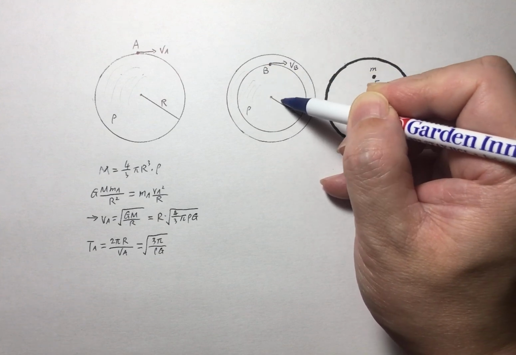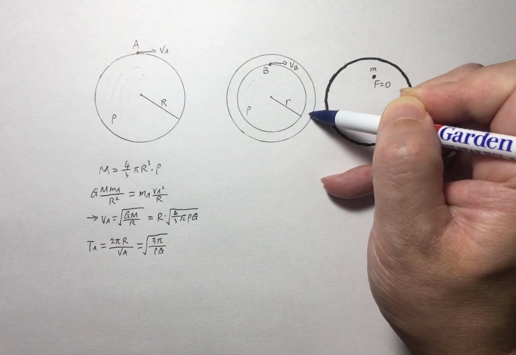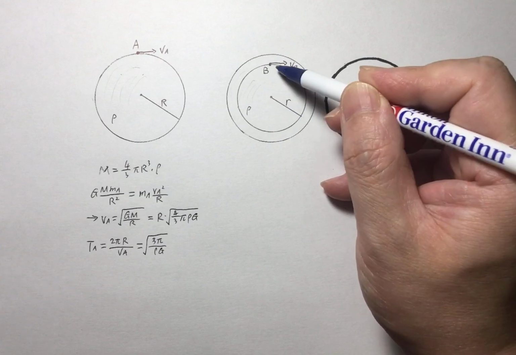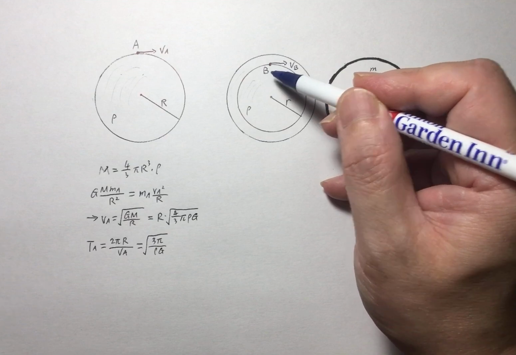Any dust that is outside r will have a net zero force on satellite B.